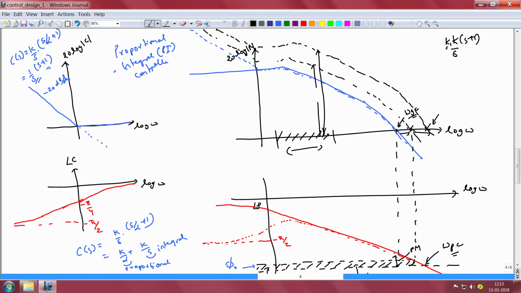But in our attempt to accomplish this control objective, you may notice that we have paid a fatal price, because at the new gain crossover frequency omega gc prime, if one inspects the phase, one notices that the phase of the open loop system has now become greater than minus 180 degrees.